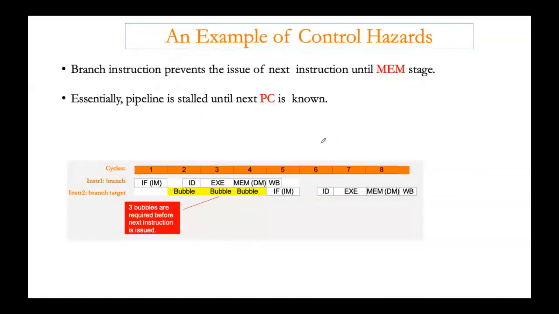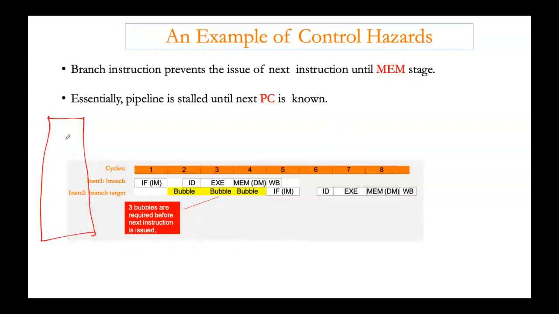So let us see, if we have the branch instruction and the branch target, then in control hazard, let me just write here. Suppose I have the memory.